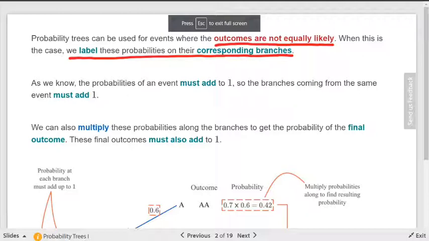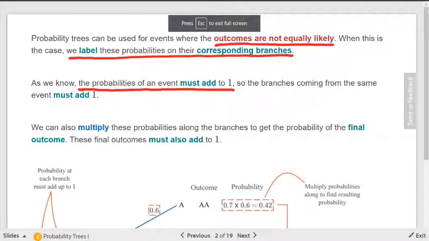Now, here's another thing. The probabilities of an event must add to equal 1. Right? Because this or this is going to happen. It's certain that you're going to get one of the 2 or 3 or 7 or 12 possibilities, right? And what is the probability for an event that is certain? 1.